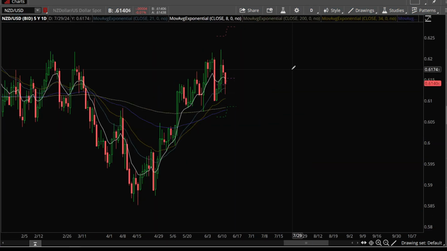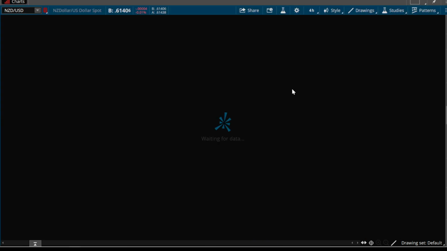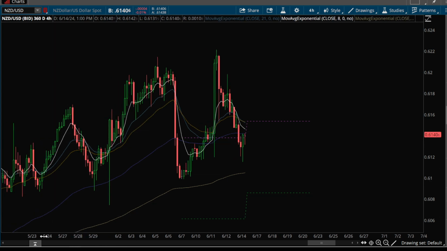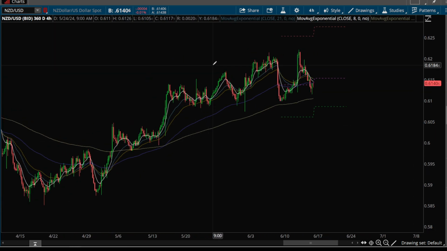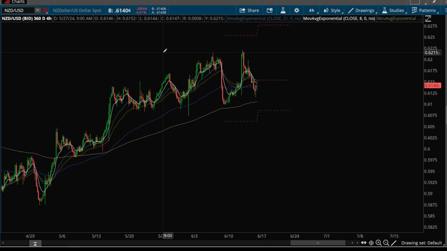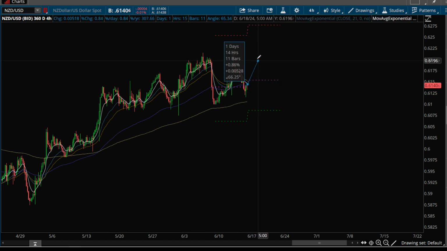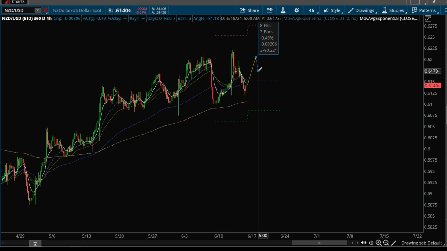I'd much rather buy New Zealand. So if I'm going to take a buy against the dollar, it would be in New Zealand. All right. And to be honest with you, this pattern right here kind of reminds me of a running flat, right? Where you do this.